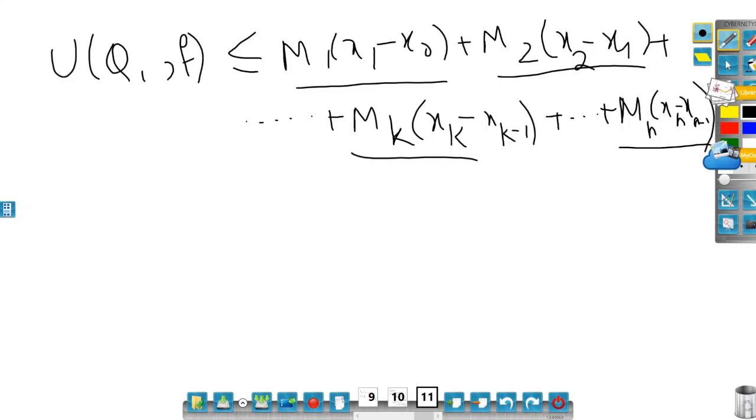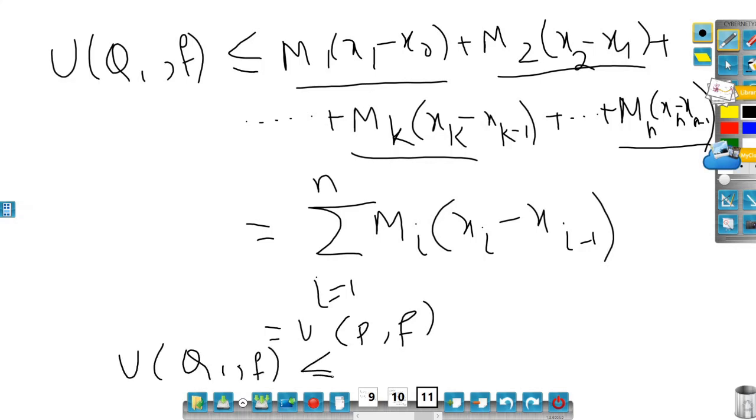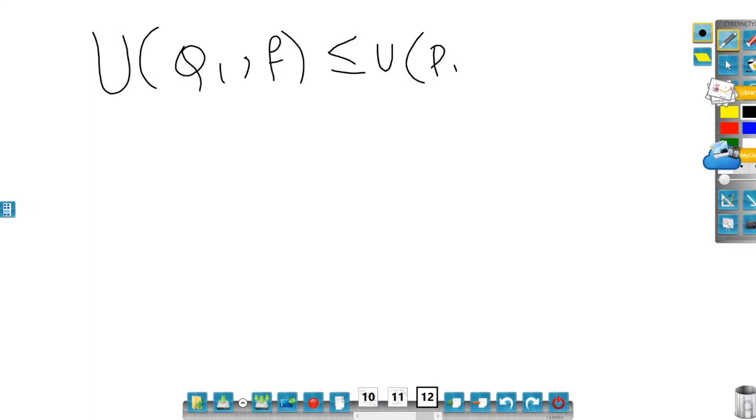This is the same as the summation of i from 1 to n of capital Mi times xi minus xi minus 1, which is your well defined UPF. So what I have proved is that UQ1F is less than or equal to UPF. This is very important. So let me write it down in our next slide. So what I have proved: UQ1F is less than or equal to UPF.